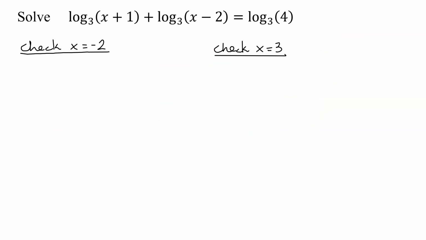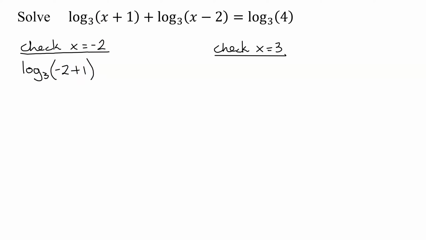As I was running out of room, I've written my original equation up here and the two solutions I found that I need to check. So let's check x equals -2. So I'm going to have log to the base 3 of x, what's x? -2 plus 1.